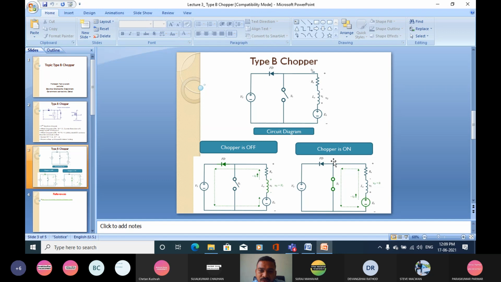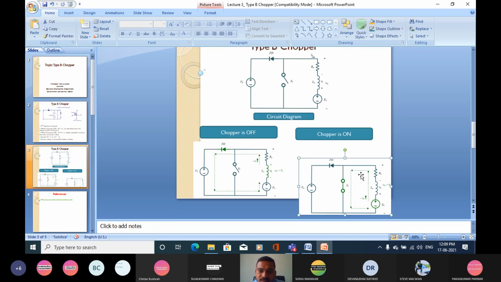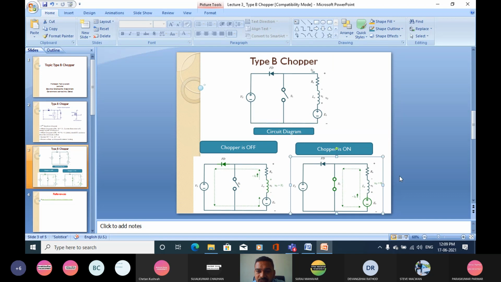So with the help of this battery or EMF source, current will flow through this path. Output current will flow through this load with the help of this EMF source or the battery.